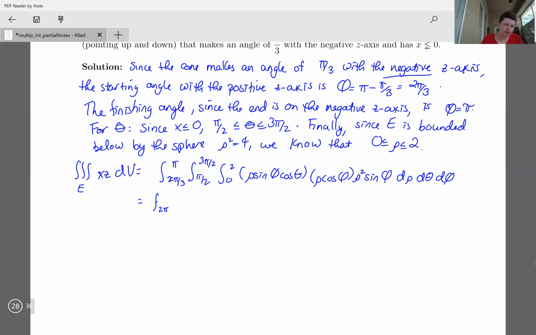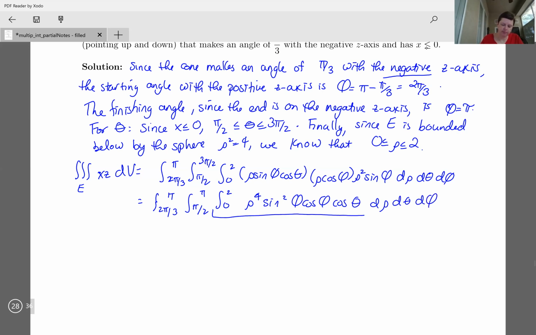Let's just simplify what we have on the interior. We have rho to the 4th, sine squared phi, cosine theta, d rho d theta d phi. So we're going to integrate with respect to rho first, in which case phi and theta are constant. So we're going to get 1/5 rho to the 5th, sine squared phi, cosine theta, evaluated at our limits.